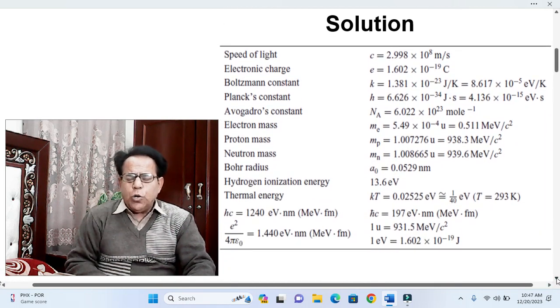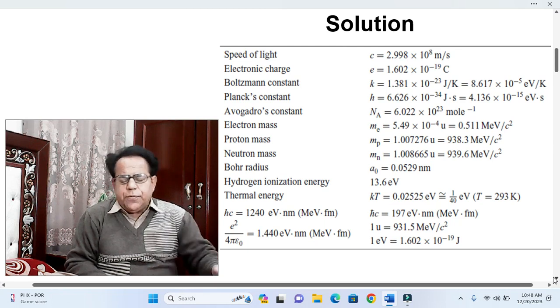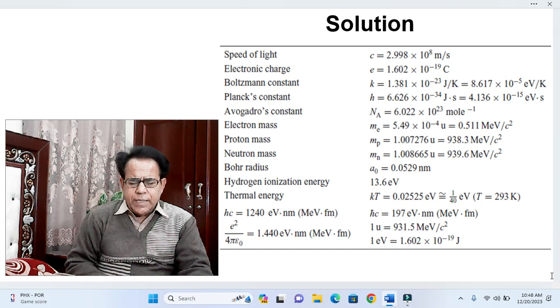Before starting its solution in a formal manner, we are going to introduce a few snapshots which will serve as a foundation for easier understanding of the solution.